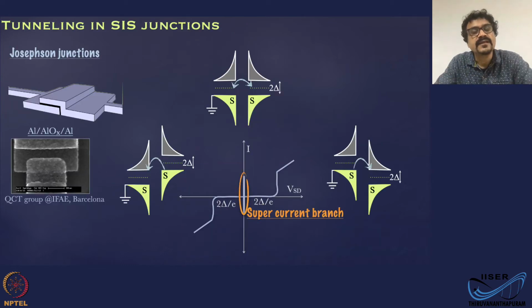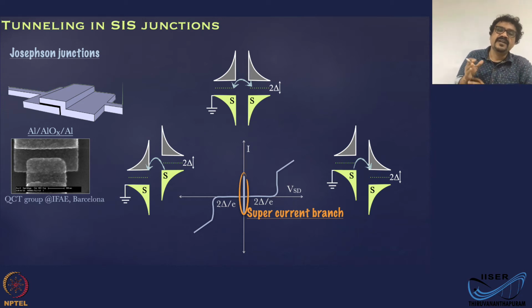Now let us consider that we have two superconductors which are connected via an insulating region or an insulator or a barrier.